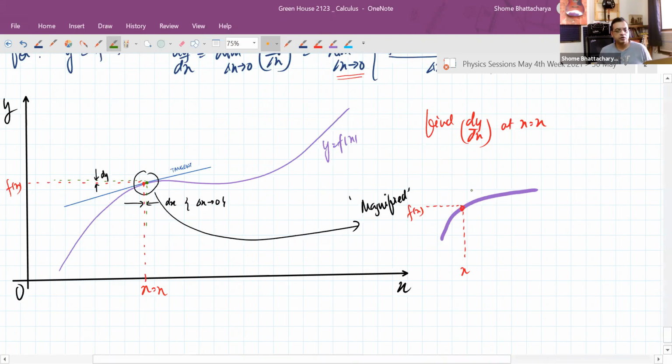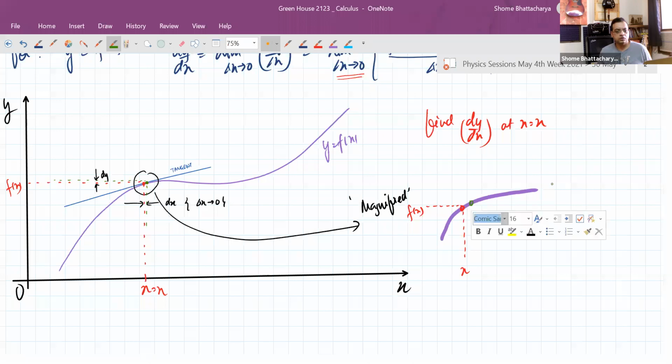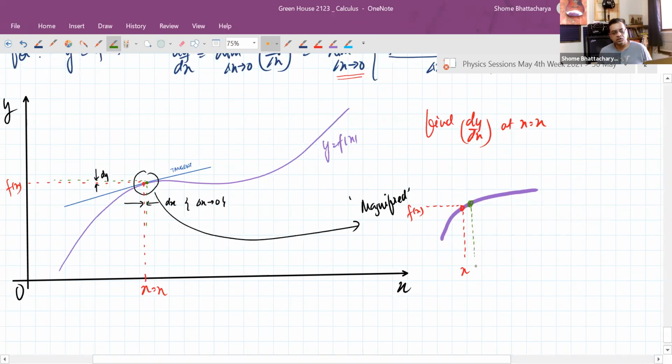But now this is the point x plus delta x, but of course we are making this delta x tending to 0, so this point on the y coordinate will become f of (x plus delta x). So the difference between these two is your delta y tending to 0 or dy.